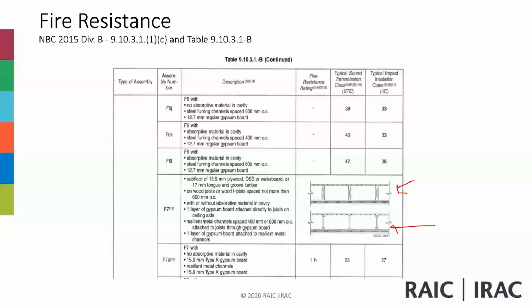You have your subfloor, and it has variations with or without absorptive material in the cavity, one layer of gypsum board attached directly to the joist on the ceiling side, then resilient metal channels with another layer of gypsum board.